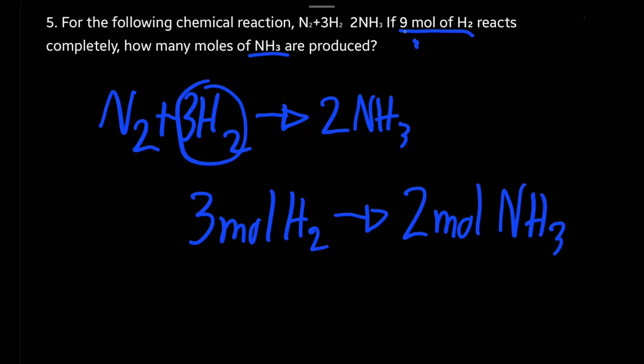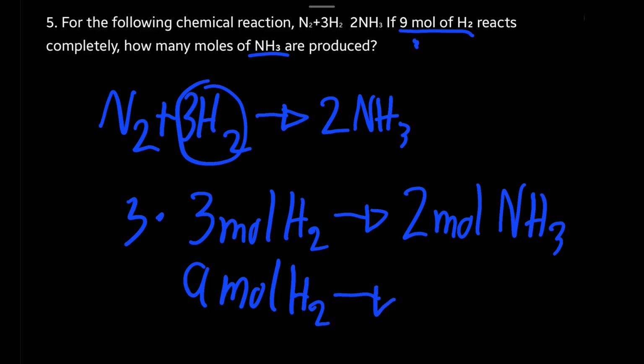So we just multiply this until we get 9. So 3 times 3, or 9 moles. We multiply this side by 3. 9 moles H2 converted. Now since we multiplied this side with 3, we also multiply this side with 3. So if we have 9 moles of H2, we'd have 6 moles of NH3. Simple as that.